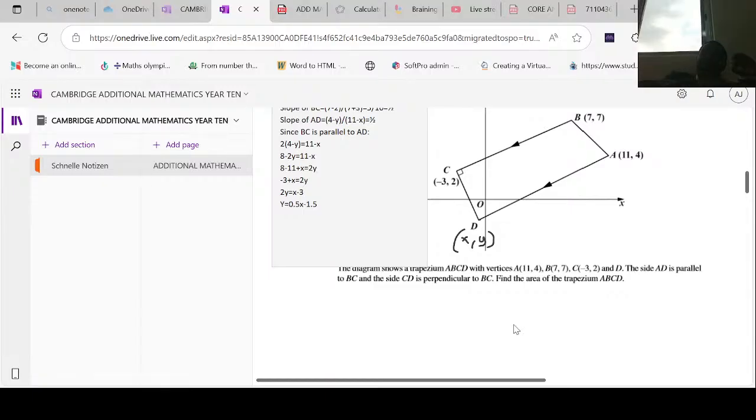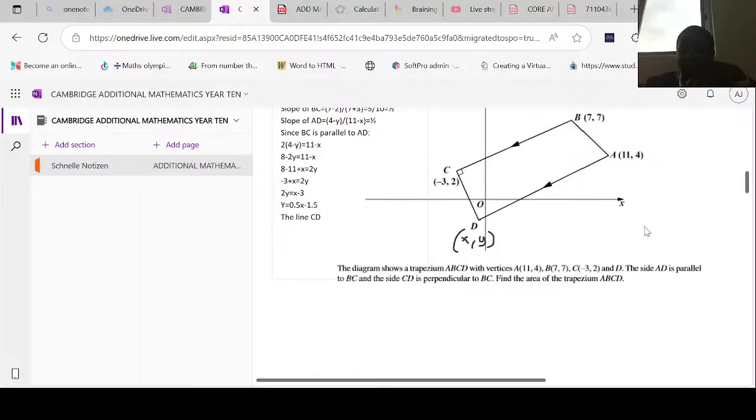So now the line AD is given by y equals 0.5x minus 1.5. So what do you think line CD would be, since they are perpendicular? We have to use the condition. CD is parallel to what? BC, right?